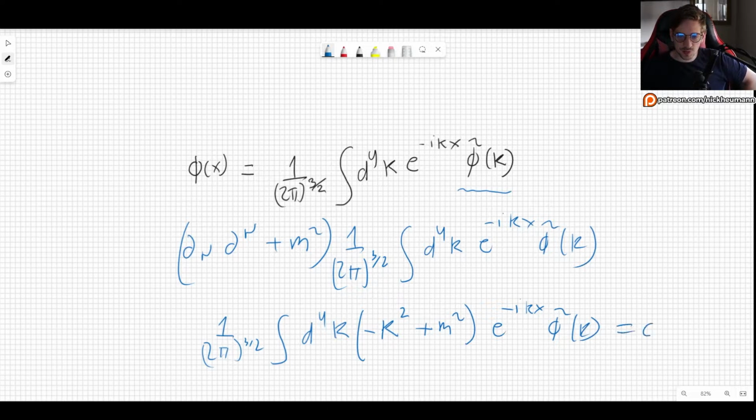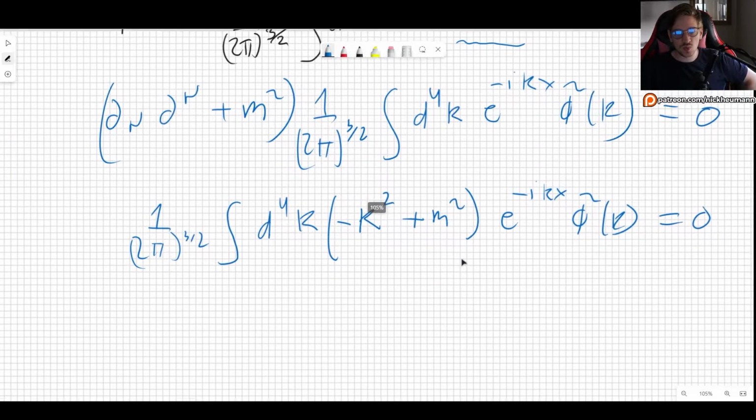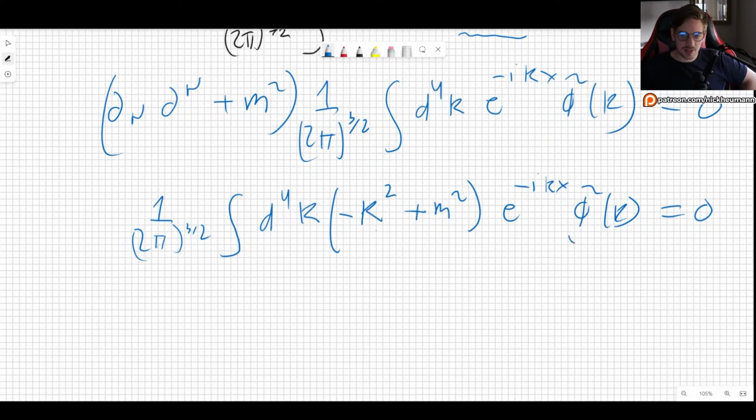If we want this to be equal to 0, because of course the Klein-Gordon equation is equal to 0, then what we need is either our Fourier modes are 0, which is not really what we want, that would be kind of trivial, or m squared is equal to the 4-vector k squared. Now the 4-vector k squared, keep in mind, is k₀ squared minus the 3-vector k squared.